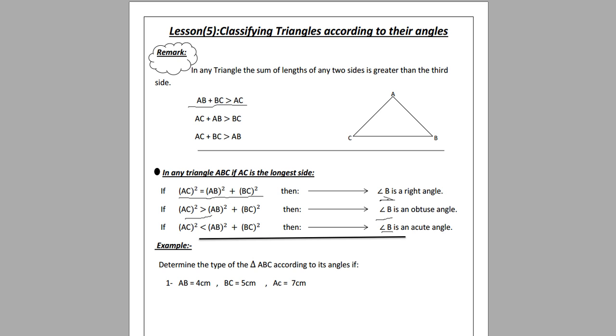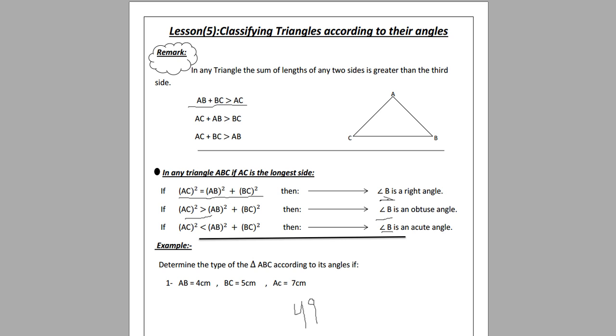So make a bar 2 of it. It is 49. And the other two sides, 5 bar 2 is 25. 4 bar 2 is 16.